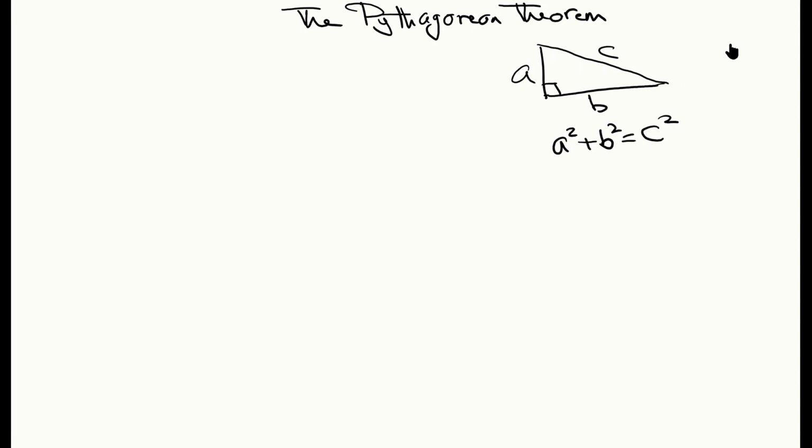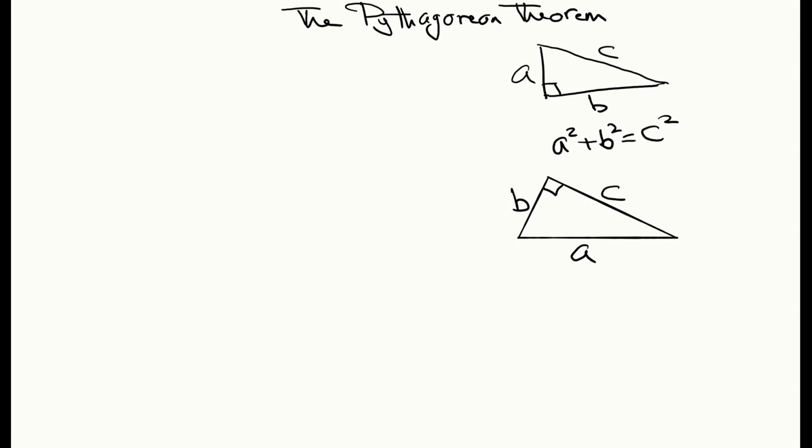Where I found students get in trouble is sometimes they get thrown a problem like this. Let's say I have a right triangle like this, and that's where A, B, and C are.